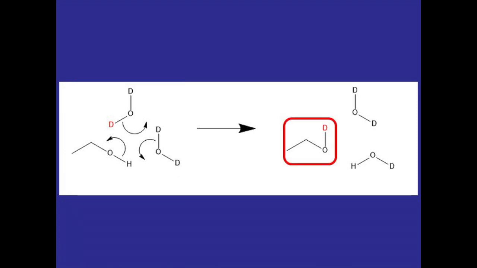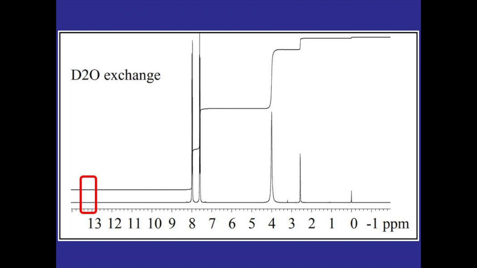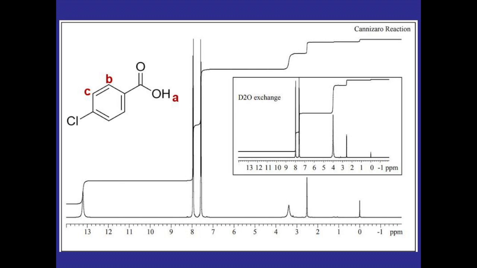And since deuterium is not a proton, it will no longer show up on a proton NMR. So the alcohol peak, or in our case, the carboxylic acid peak that we were looking at, will no longer show up on a D2O exchange. So this just helps confirm that we are looking at the carboxylic acid product, and we can go ahead and label all of the protons on that molecule now.